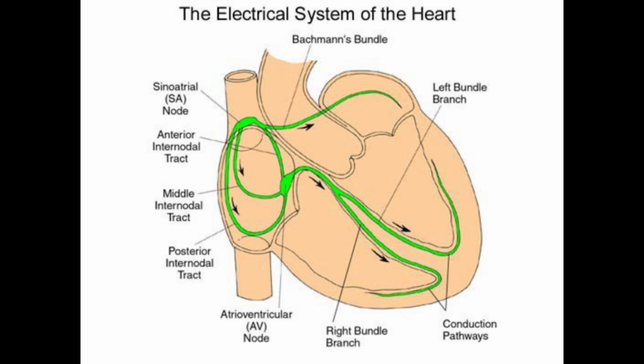First, the SA node is present in the right atrium near the opening of the superior vena cava. It produces the impulse. Suppose, on average, it produces 75 impulses per minute. These 75 impulses from the SA node go to excite the atrial muscles and the ventricular muscles.